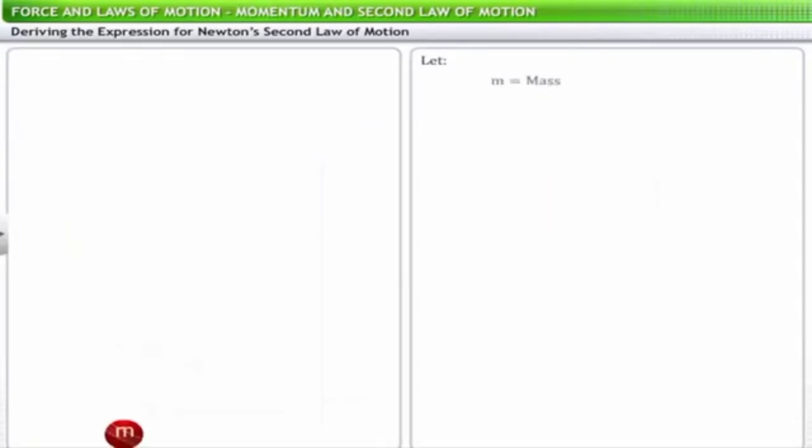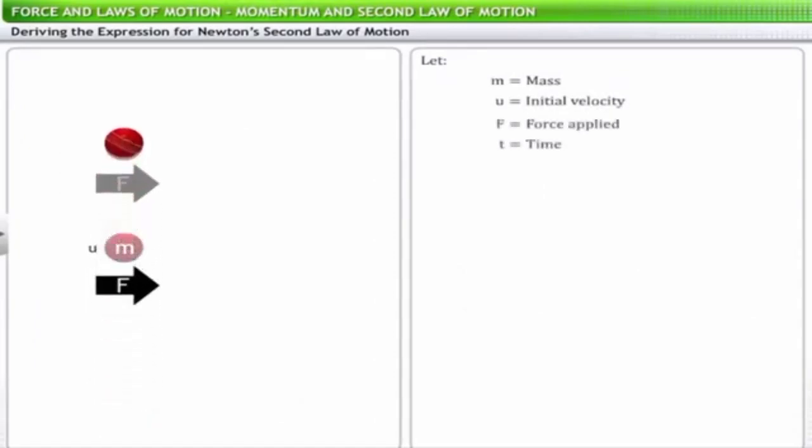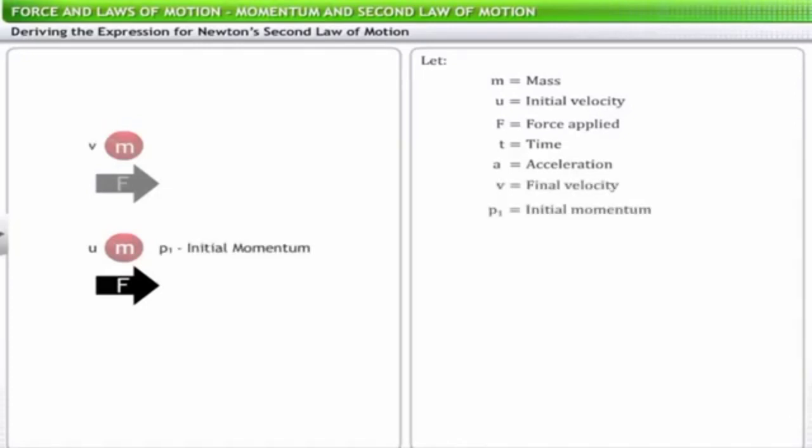Consider a ball of mass m having an initial velocity u. When a force of magnitude F is applied on the ball for time t, the ball moves ahead with an acceleration a. In the time period t, the ball accelerates to a final velocity v. Let P1 be the initial momentum and P2 be the final momentum of the ball.